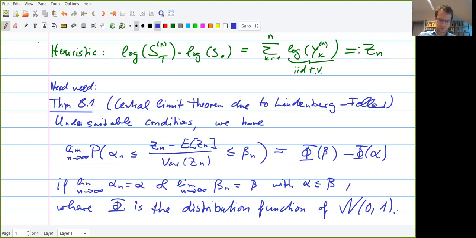A bit hand-waving, but this is what you need: if you look at these prices and take the logarithm, you have a sum of independent and identically distributed random variables. So if I want to understand the convergence of it, the central limit theorem is the tool we want to look at.